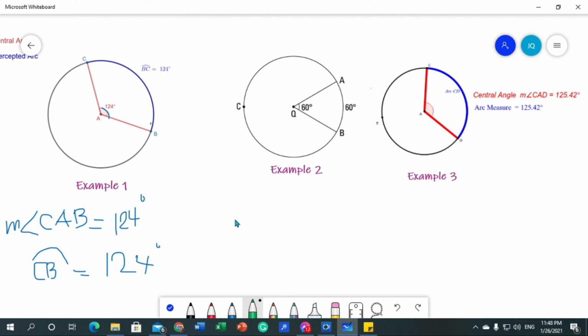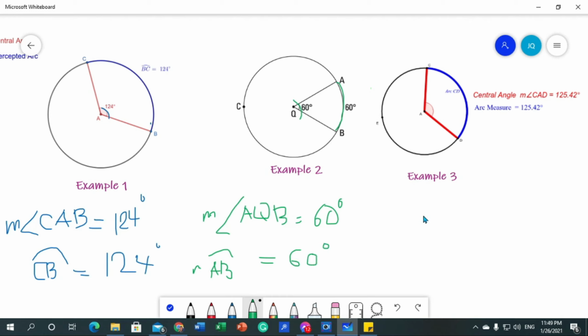Now let's go to example number 2. What is our central angle? Our central angle is angle AQB, which measures 60 degrees. How about its intercepted arc, the arc eaten by the mouth of Pac-Man? That is arc AB. What is the measure of arc AB? 60 degrees. Now example number 3.